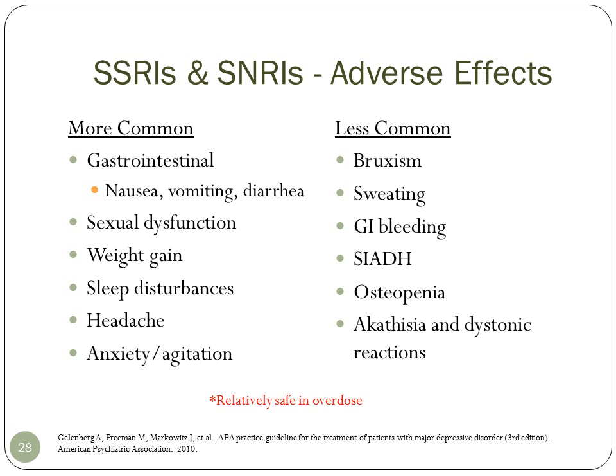SIADH stands for Syndrome of Inappropriate Antidiuretic Hormone. This more commonly occurs in elderly patients or those that already have hyponatremia. And then akathisia or dystonic reactions. These are actually movement disorders, and this can occur because serotonin reduces dopamine levels, which is involved in movement.